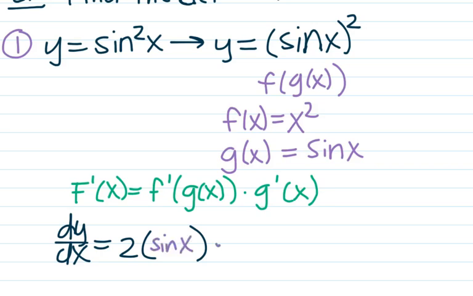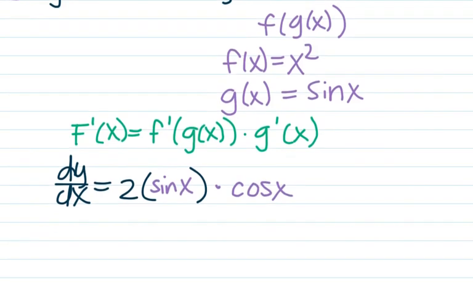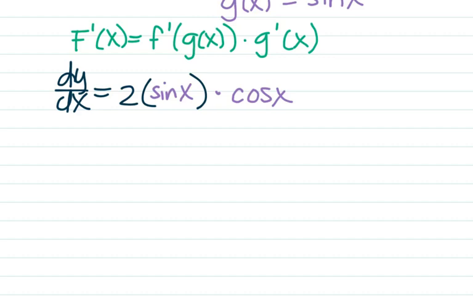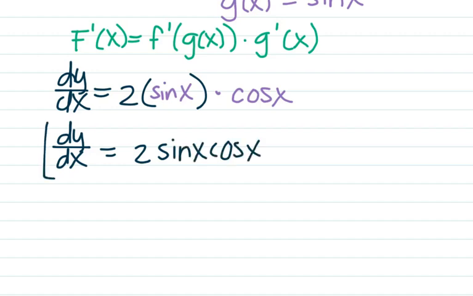Then we multiply by the derivative of the inside function. And the derivative of sine x is just cosine x. Alright, so all we have to do now really is just simplify, and there's not much we can do to clean this one up. It's simply going to be 2 sine x cosine x. And that is our answer.